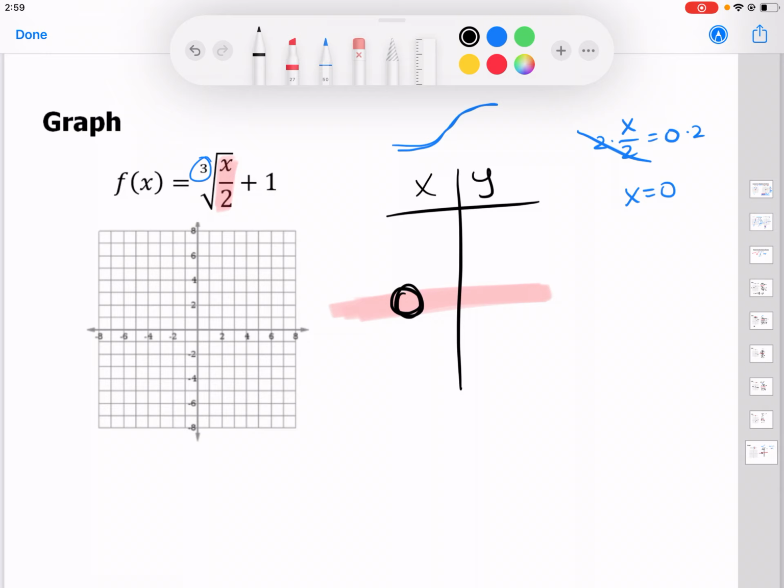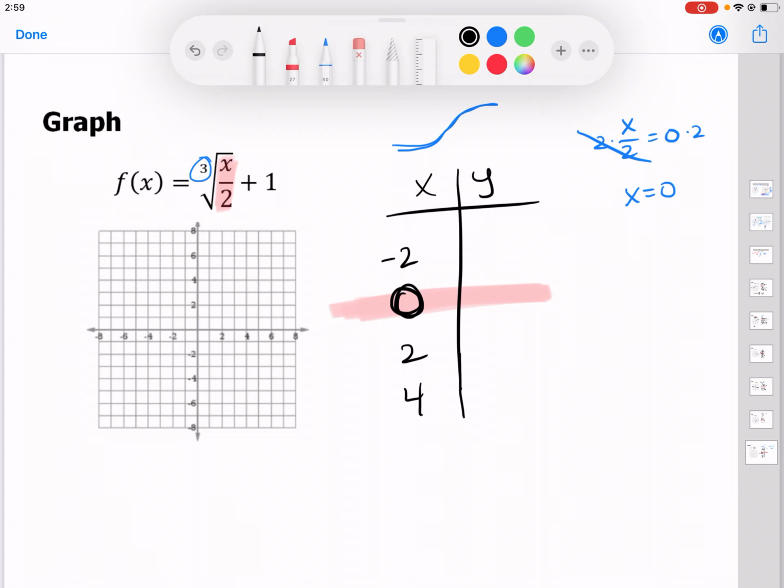So then go ahead and plug in whatever numbers. You could do like negative 1. I'm actually going to do negative 2 and positive 2 for this one. And let's just do 4. I'm only picking even numbers because then they divide easily and it's easier to type in. So negative 2 divided by 2 is negative 1.